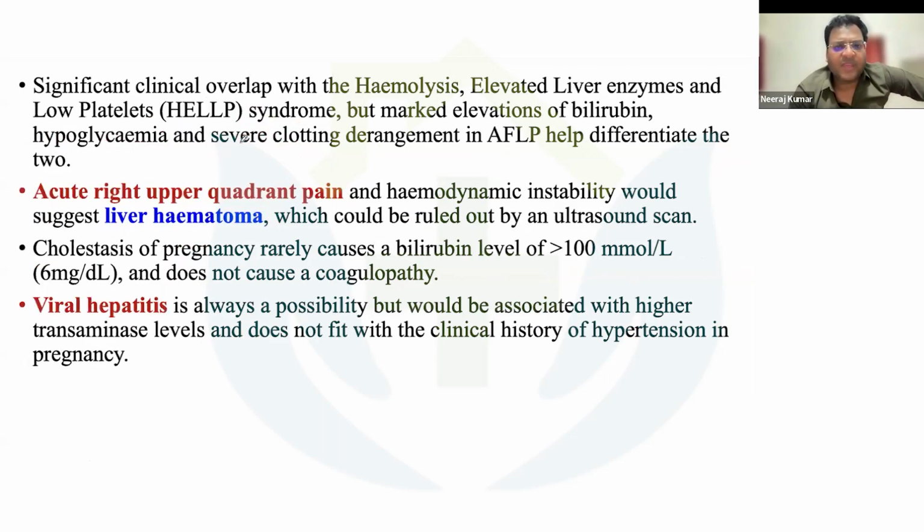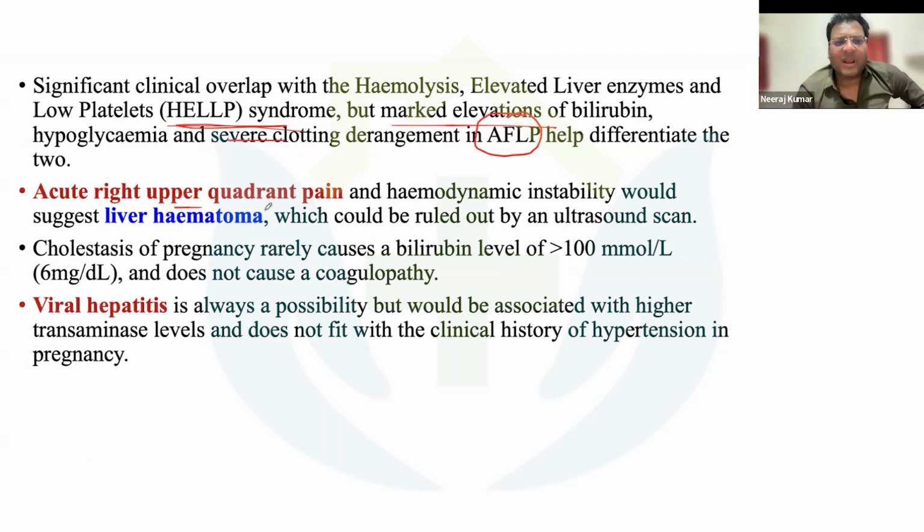Now, there is a significant overlap between HELLP and AFLP, but marked elevation of bilirubin, hypoglycemia, and severe clotting derangement in AFLP as per the Swansea criteria confirm that the patient is having acute fatty liver of pregnancy. You will see a marked rise in serum ammonia as well, and severe clotting factor derangements.